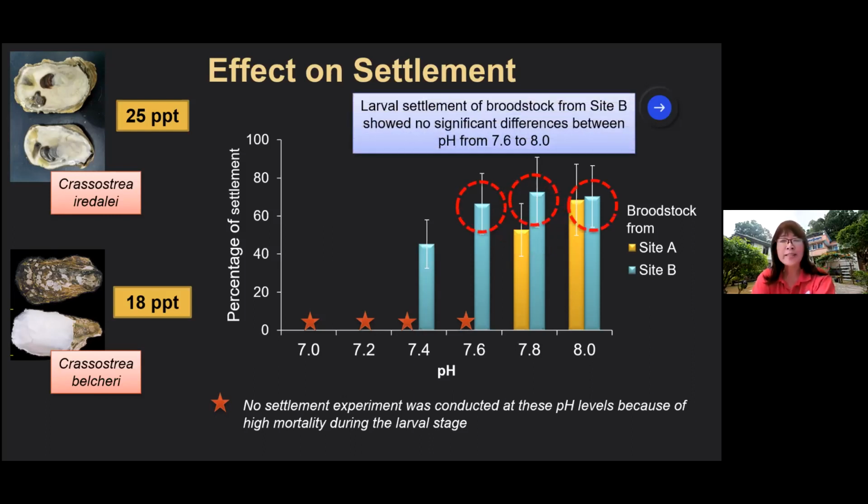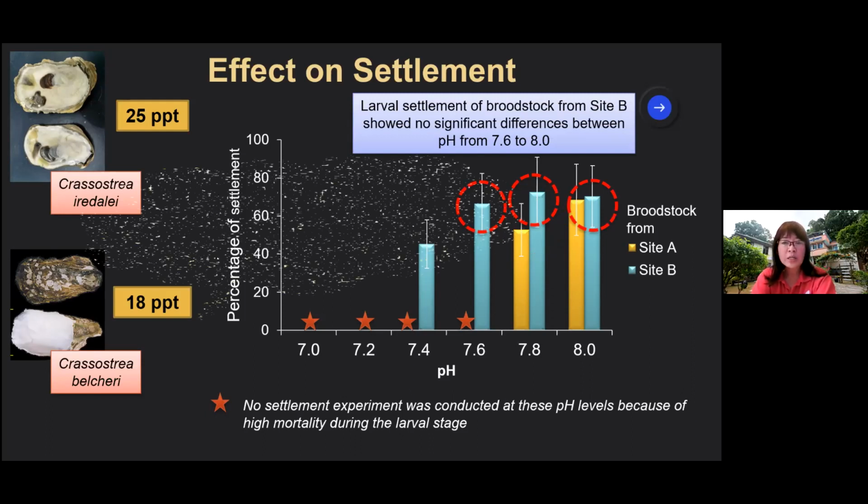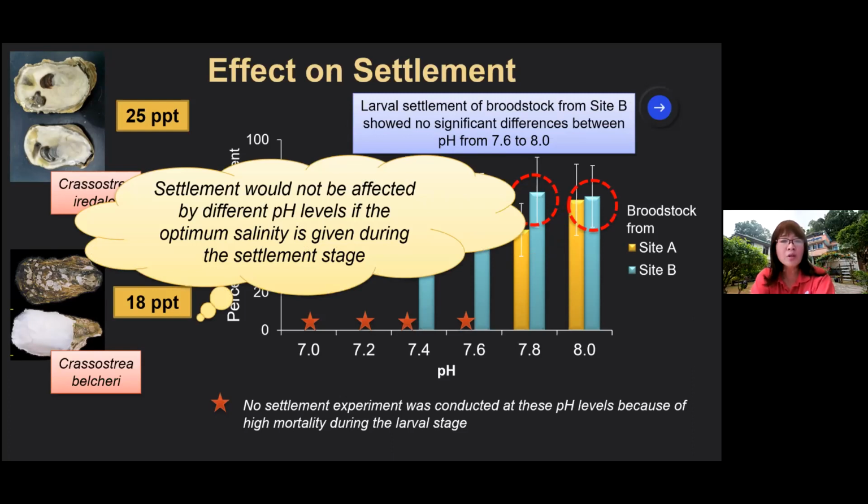And you can see that larval settlement of broodstock from site B shows no significant differences between pH 7.6 to 8. This is also a reflection that settlement would not be affected by different pH levels if the optimum salinity is given during the settlement stage.